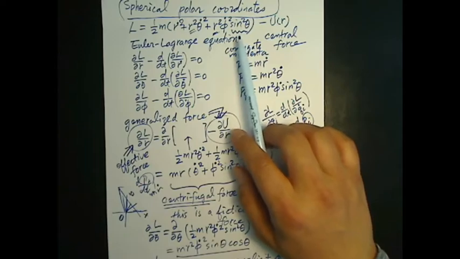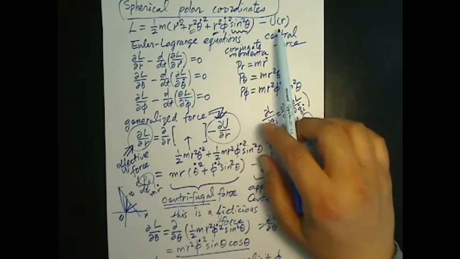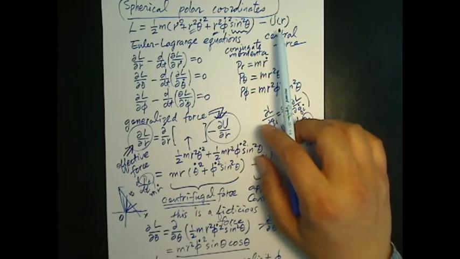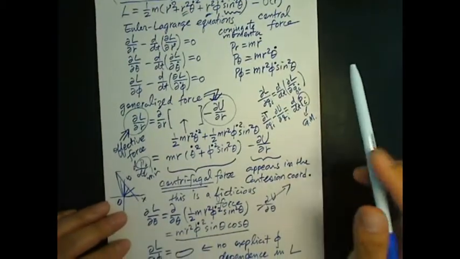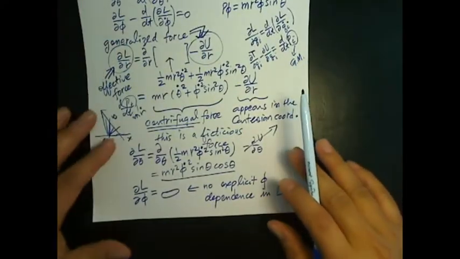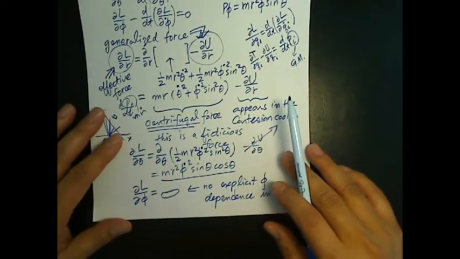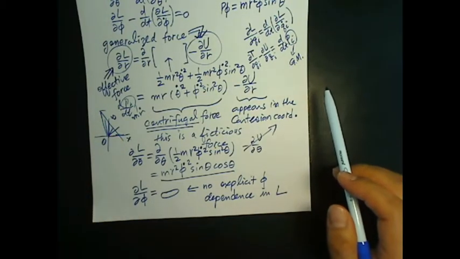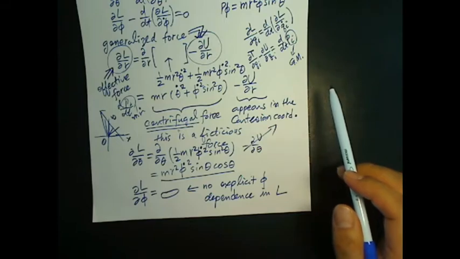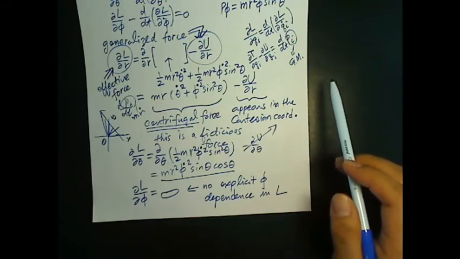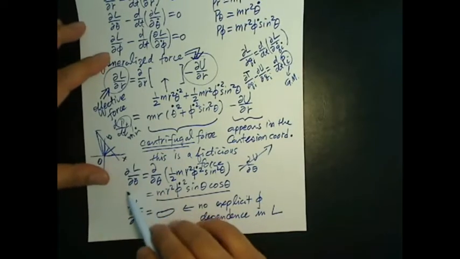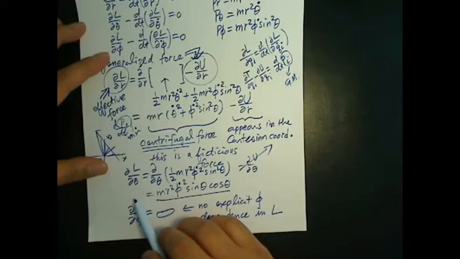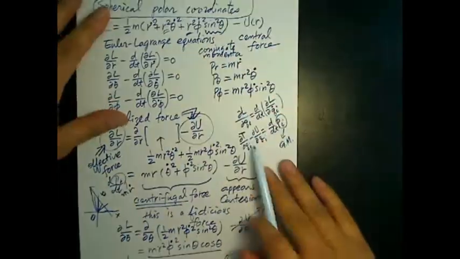The phi direction kinetic energy has the theta dependence, but the central force potential does not have any contribution to the theta dependence. Thus, the Lagrangian's partial derivative with respect to the angle theta is obtained by taking this derivative.